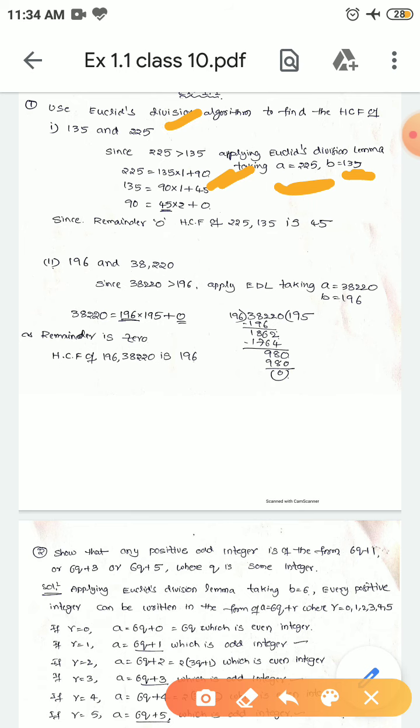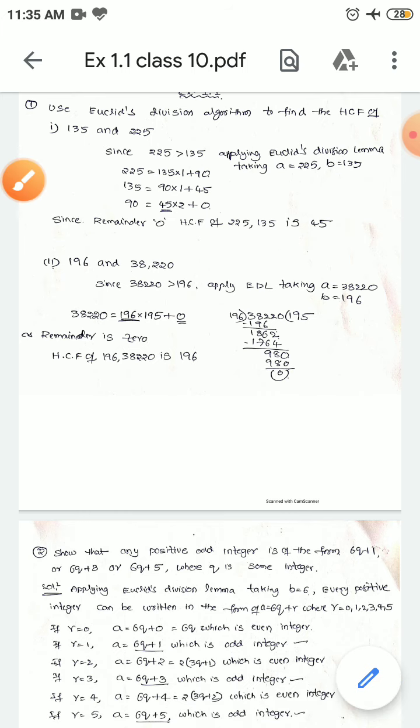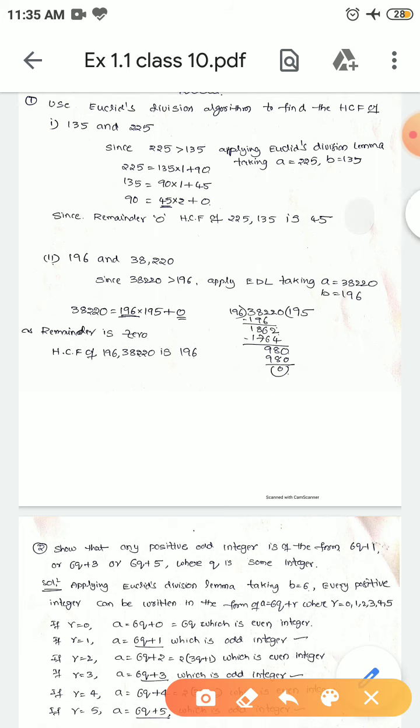Again 45 is not 0, so what to do? You have to divide 90 with 45. 90 equals 45 into 2 plus 0. We got 0, so the number in this place is the HCF of the given two numbers. So here the HCF of the two numbers is 45.